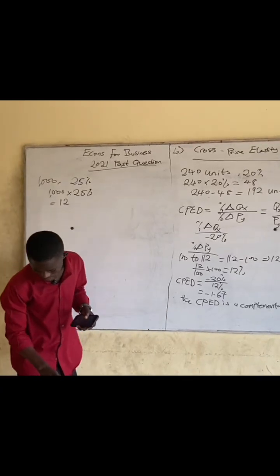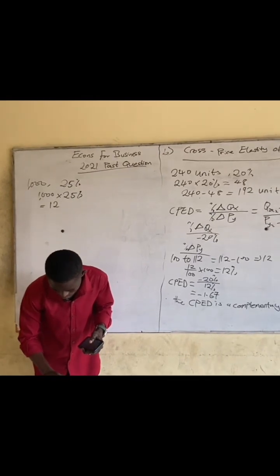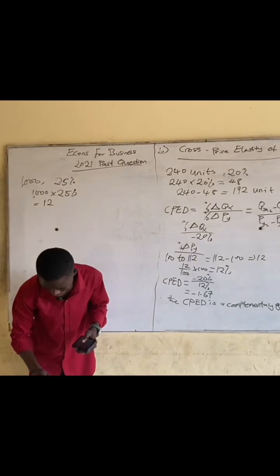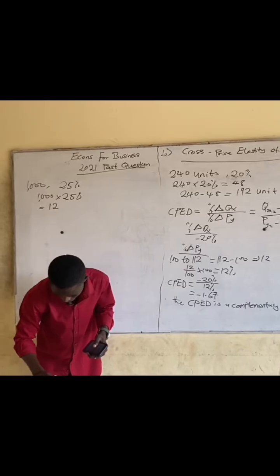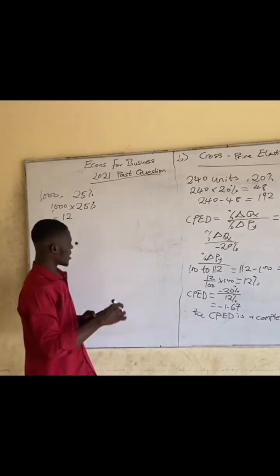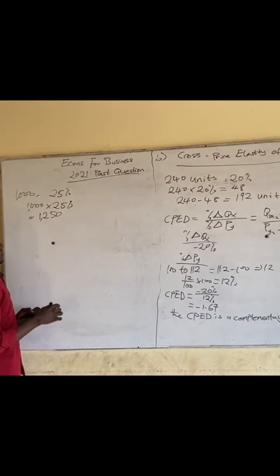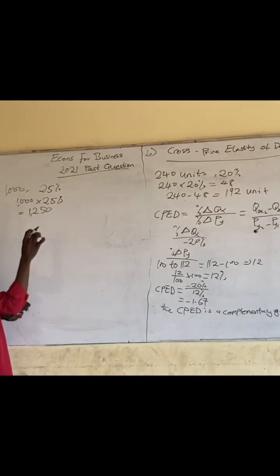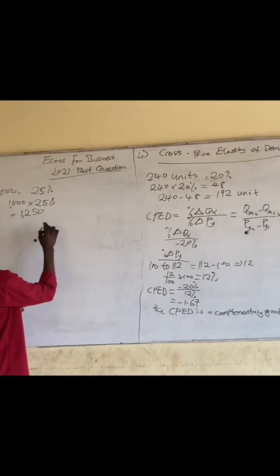Let me point it and see. Yeah, 1,250. Okay, so we have 1,250 like this.